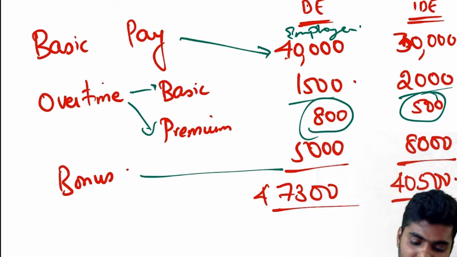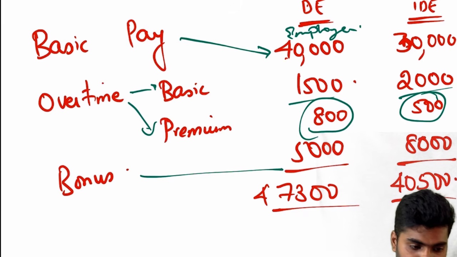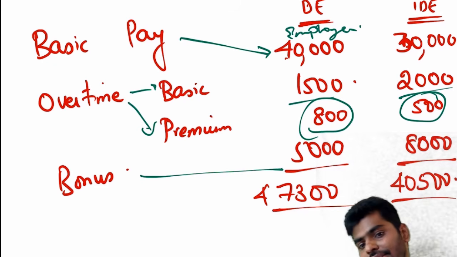The bonus paid is 5,000 and 8,000. The total comes to 40. I want you guys to identify which of these are direct costs, which of these are indirect costs. Please write down this question.